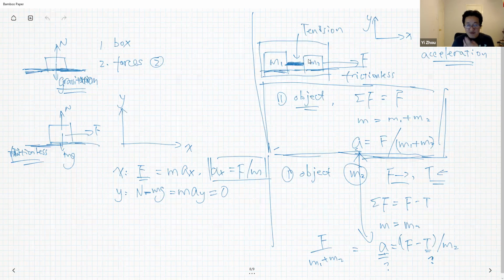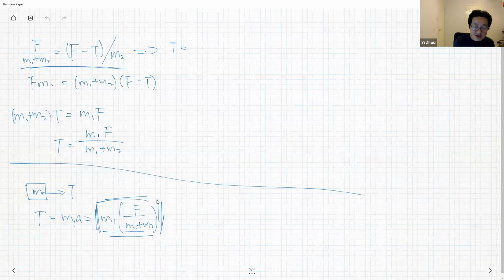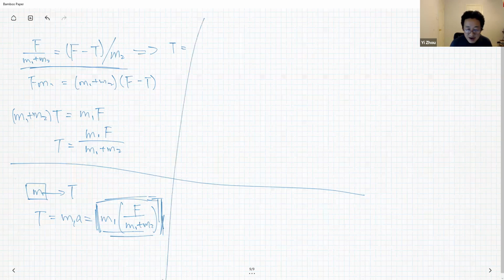If you choose M2 and M1, you get two equations, and you can solve it. If you choose M2 and M1 plus M2, you also get two equations. But the easiest one is you study M1 plus M2, then you study M1, because that'll give you a direct answer. All right, thank you, Albert.